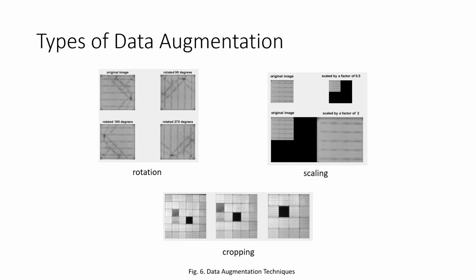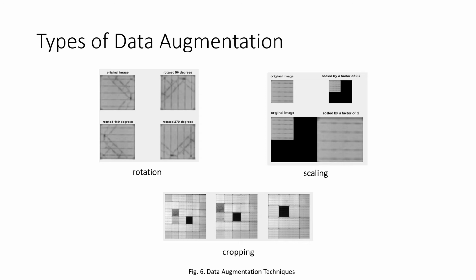In the first figure, we have the rotation. From the original image, it was rotated to 90 degrees, 270, and 180 degrees. So from the original image, you can increase thrice, 3 times your original image. Same goes with scaling. It depends on what particular factor you are going to use. From scaling, you can use a factor of 0.5.